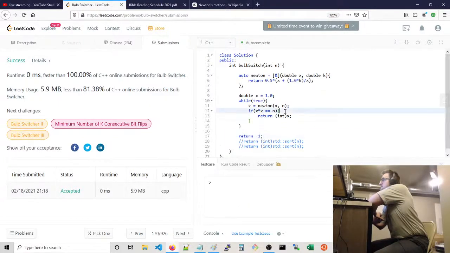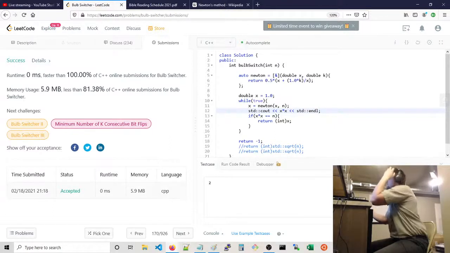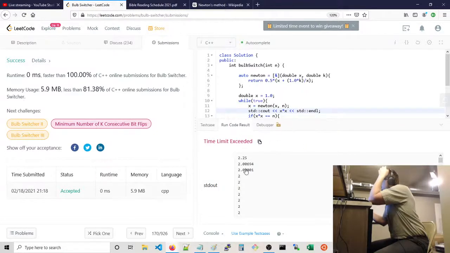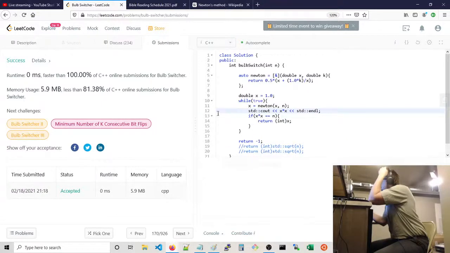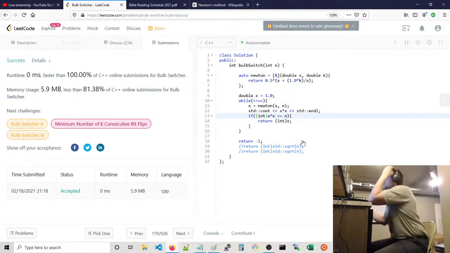Time limit exceeded. That's awkward. Okay. What does that give us? 2. That's good. Is it just because it's not an integer?